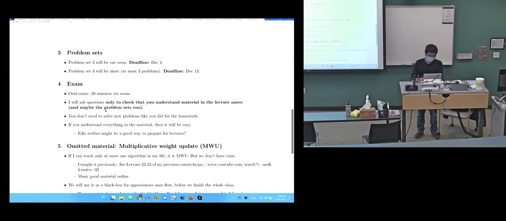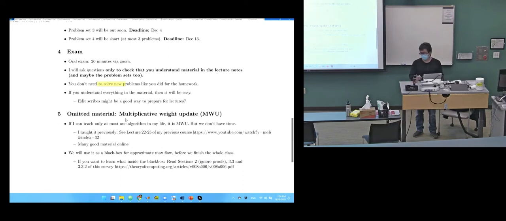The point of the exam is that it shouldn't be stressful like a problem set. It's just to check that you understand the material. You will not need to solve any new problem. I will just ask you about something which is there in the material, either the lecture notes, or maybe something in the problem set too.